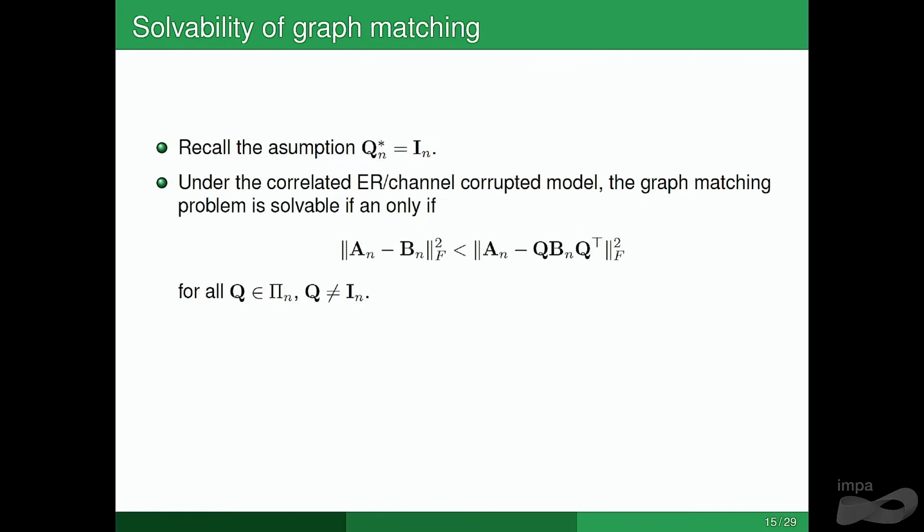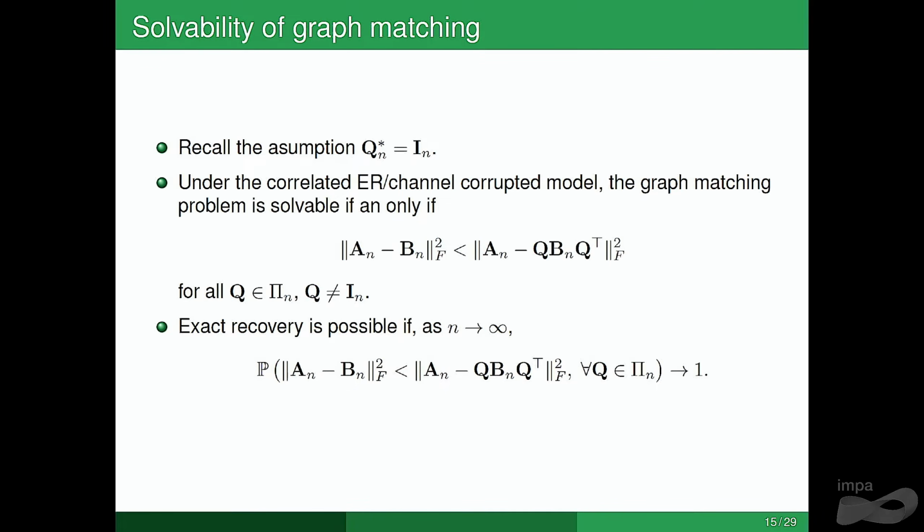So if there's a permutation Q that has a smaller loss function than the identity, then we're not going to get the ground truth solution. So we want to find under which cases we're able to obtain this inequality for all possible permutations different than the identity. That's the condition that we need in order to check whether the problem is solvable or not.